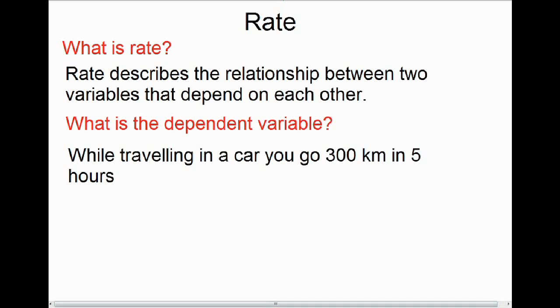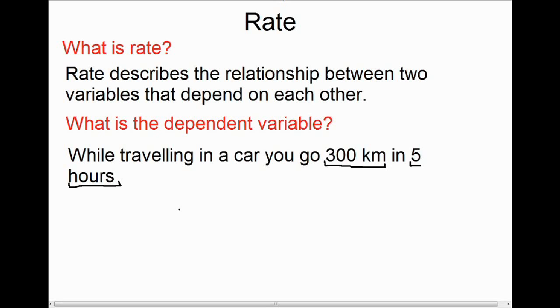The first example we're going to look at is traveling in a car. While traveling in a car, let's say you go 300 kilometers in 5 hours. So our two variables here, our two pieces of information, are the distance, here 300 kilometers, and the time, here 5 hours.